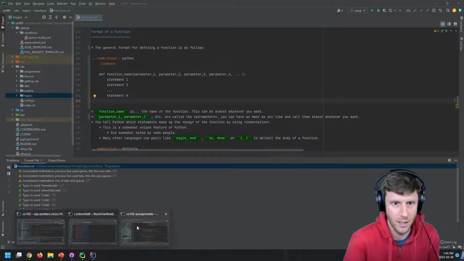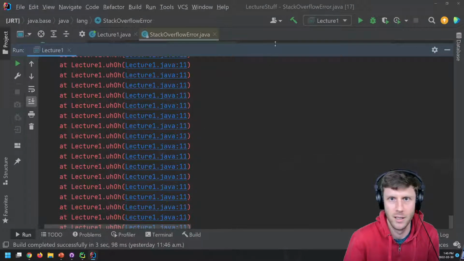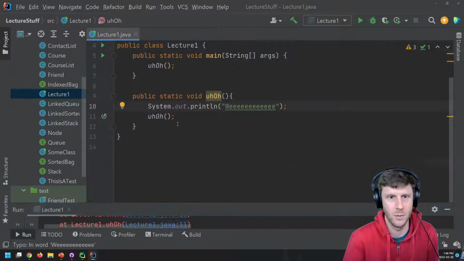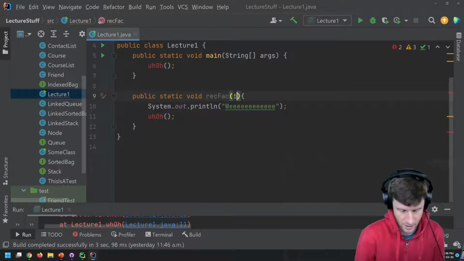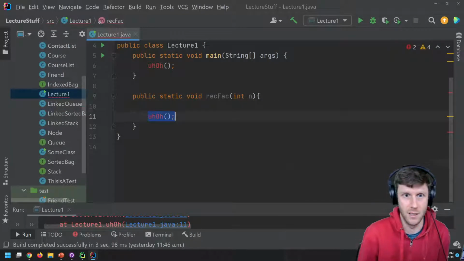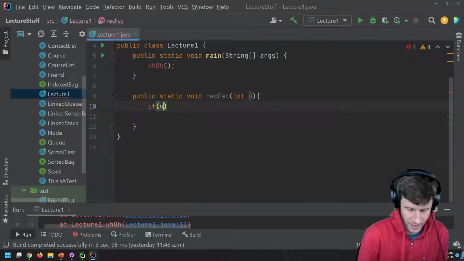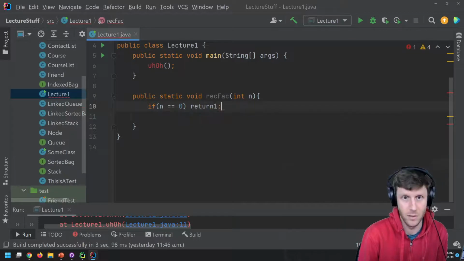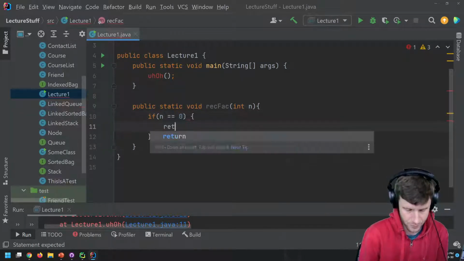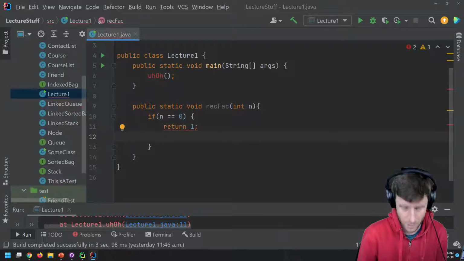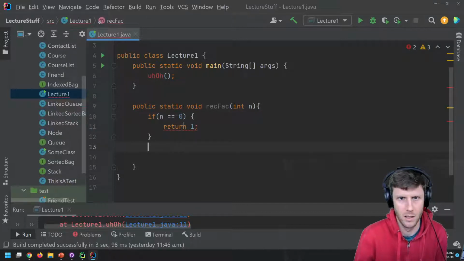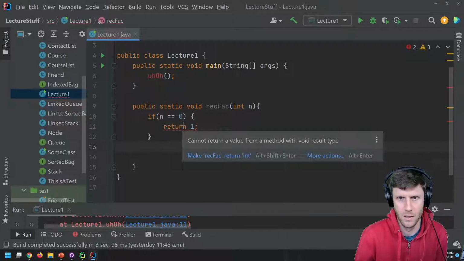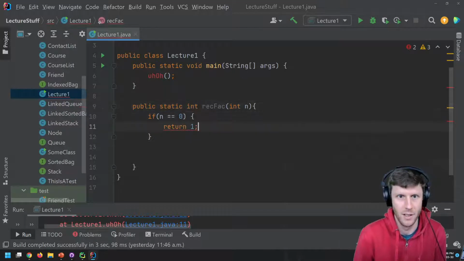Let's go here, lecture stuff, lecture 1, public static int recursive factorial of n. Okay, so let's write this up. If n equals 0, return 1.